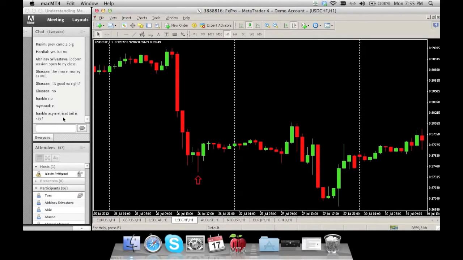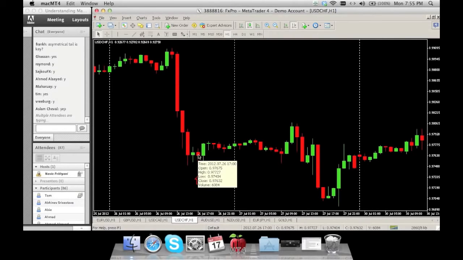Okay, Frank says asymmetrical tail is key. Yes, as long as the body is as big as the tail on one side, or bigger than the tail on one side, then you're okay. Okay, so far so good. Everyone's with me.